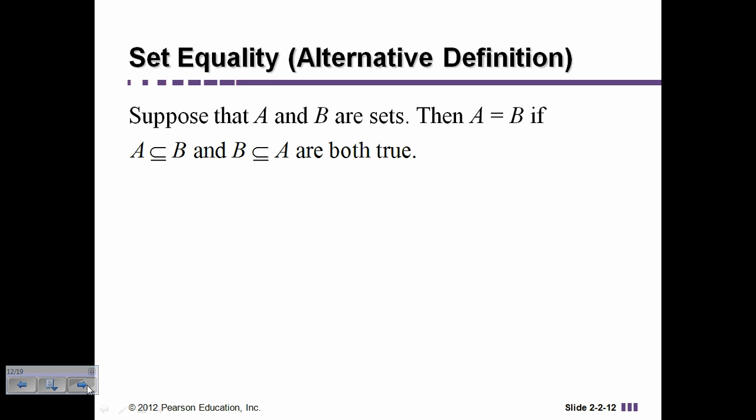Suppose that A and B are both sets. Then A is equal to B if A is a subset of B and B is a subset of A. We talked earlier about equality meaning that all of the elements in A are also in B. Well, that's what subset means. But looking at the converse of that, in other words switching it, B is also a subset of A. So that means they both have the same number of elements and they both have the same elements.